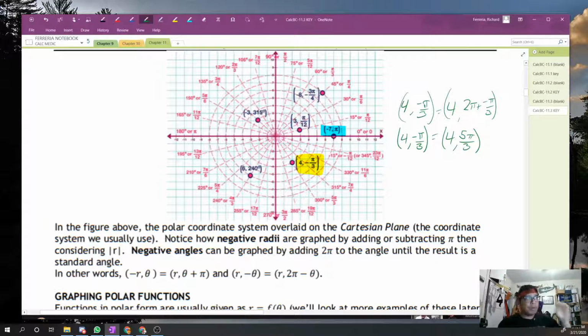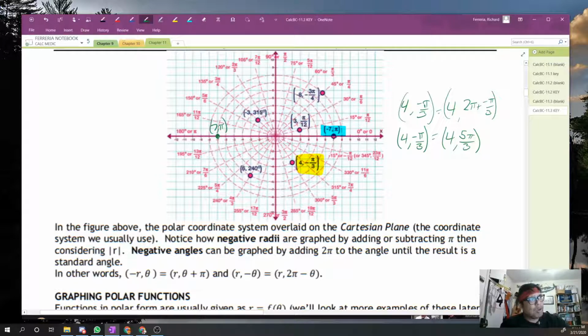If I went over here and I did 7 and pi radians, that would lead me to right here. That is 7 comma pi. So if I do negative 7 comma pi, then I need to go in the opposite direction, not in the positive direction, but in the negative direction, and that will get me to this one.